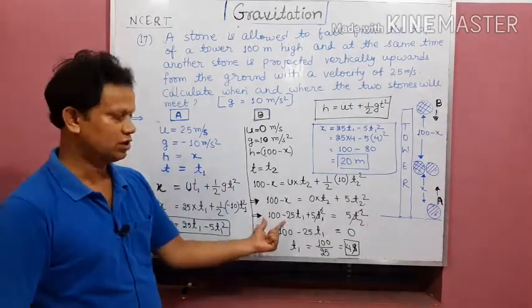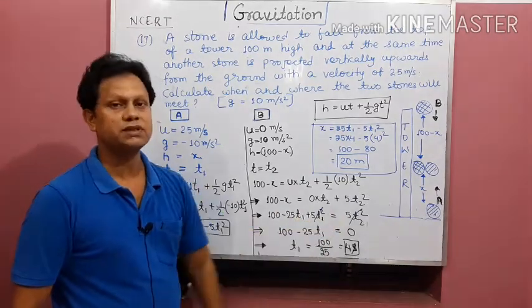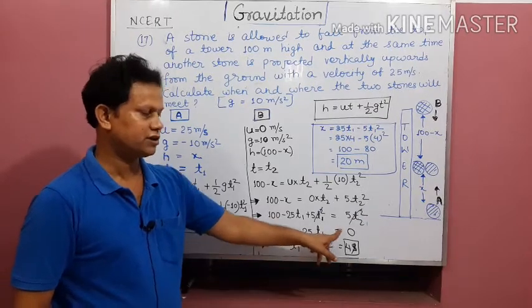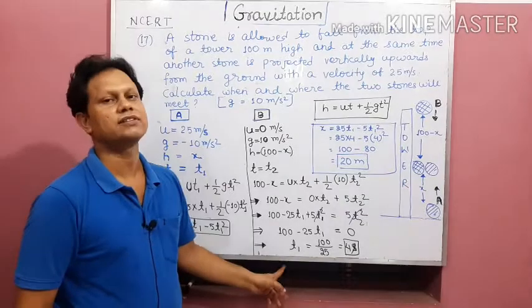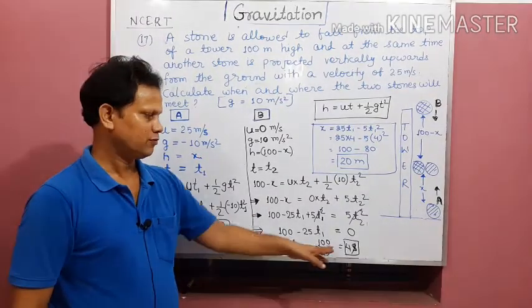So what is left now? Only 100 minus 25 t1. So we can take 100 minus 25 t1 equal to 0. Finally t1, the time taken by stone A, comes to 4 seconds.